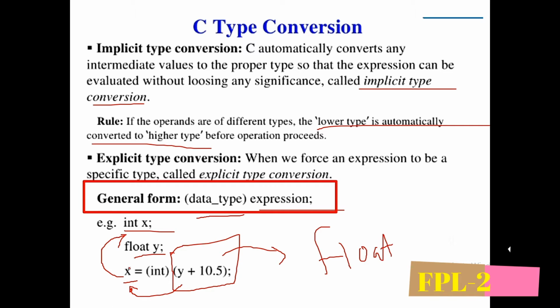So this is float and this is int, so we cannot convert the higher data type into int implicitly, so we have to specify in our own code that we want to convert this into int. Before assigning this directly to x, we will convert the type of this result into an integer value, and then this integer value will be given to x.